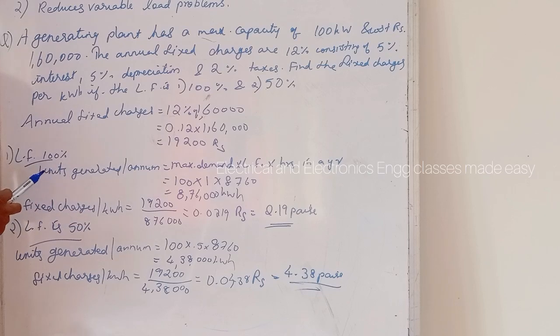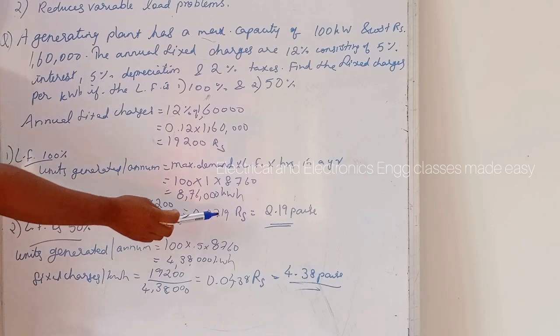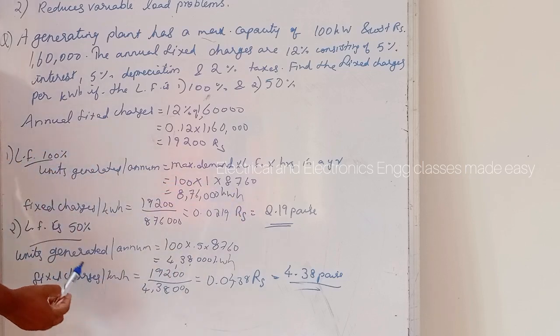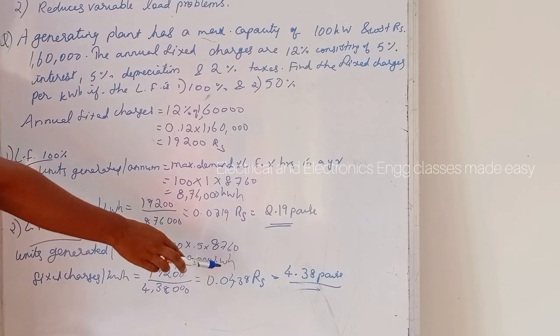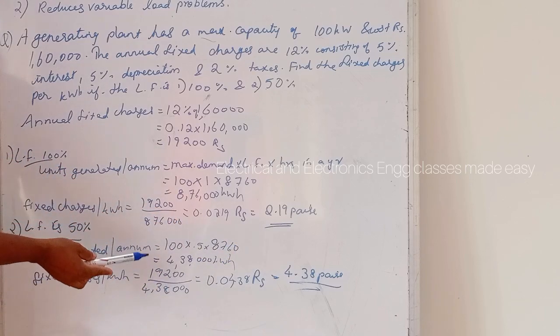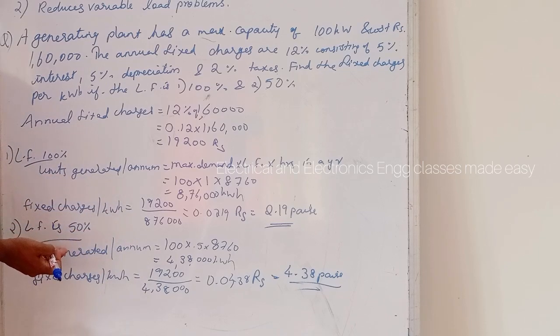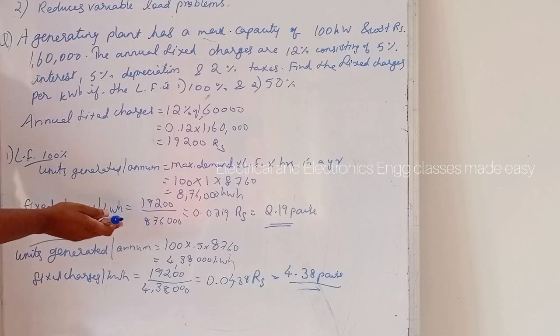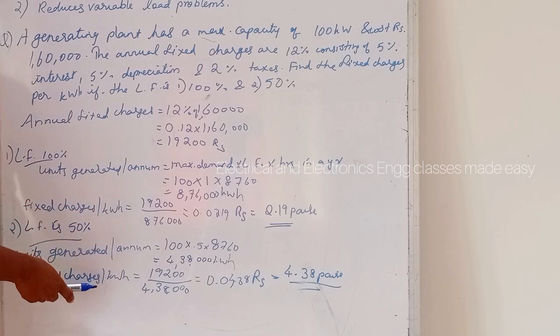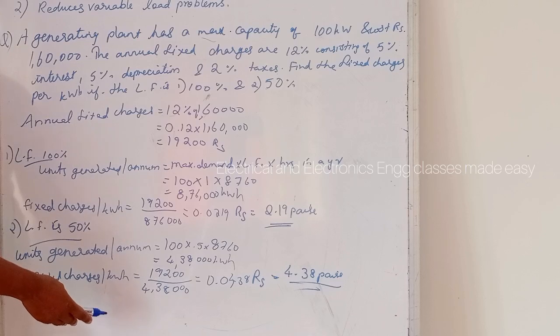So when the load factor is 100 percentage, the fixed charges per kilowatt hour is 2.19 paise, and when the load factor is 50 percentage, it is equal to 4.38 paise. So by decreasing the load factor from 100 percentage to 50 percentage, the fixed charges per kilowatt hour have increased twofold.